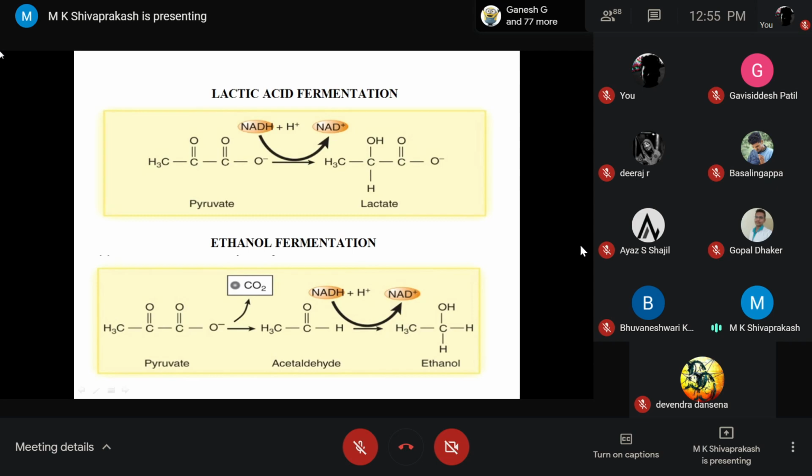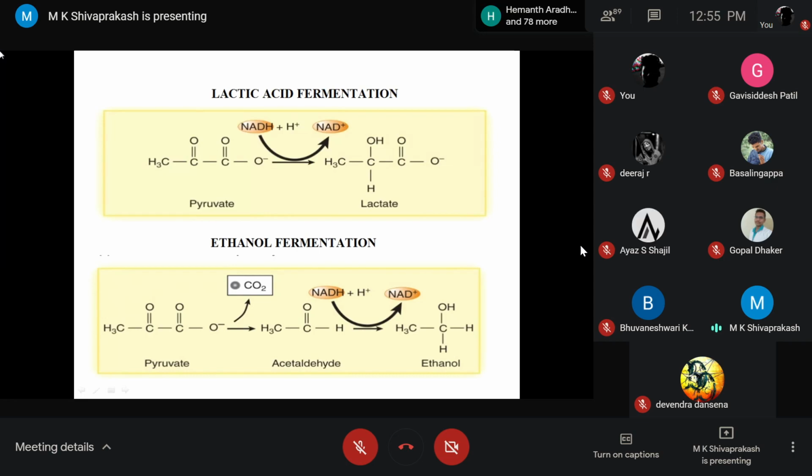Next, these are the two classic examples of fermentative organisms and how important they are industrially. For example, the first group of organisms convert the end product of glycolysis, pyruvic acid or pyruvate, to lactic acid, where the NADH that is produced along with pyruvic acid is reoxidized to NAD, forming lactic acid.